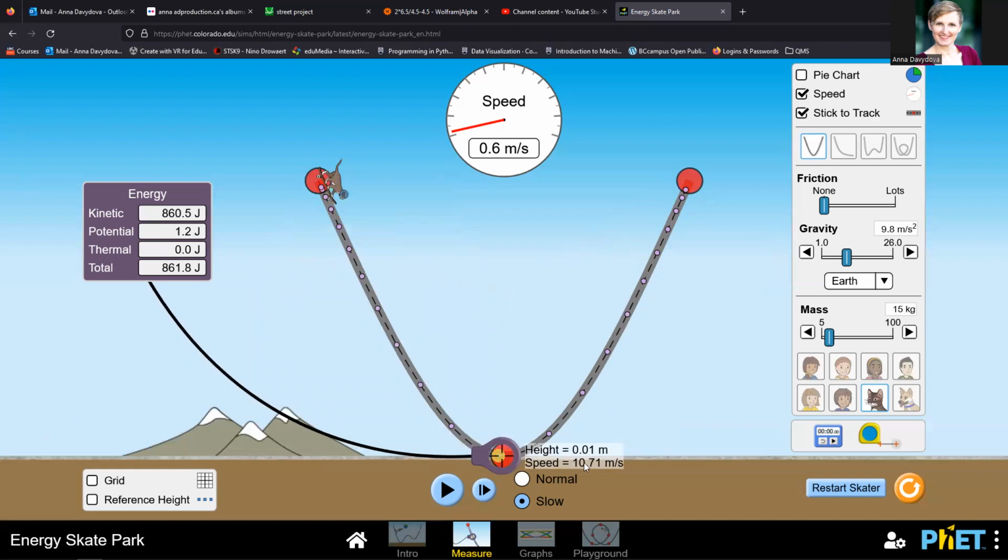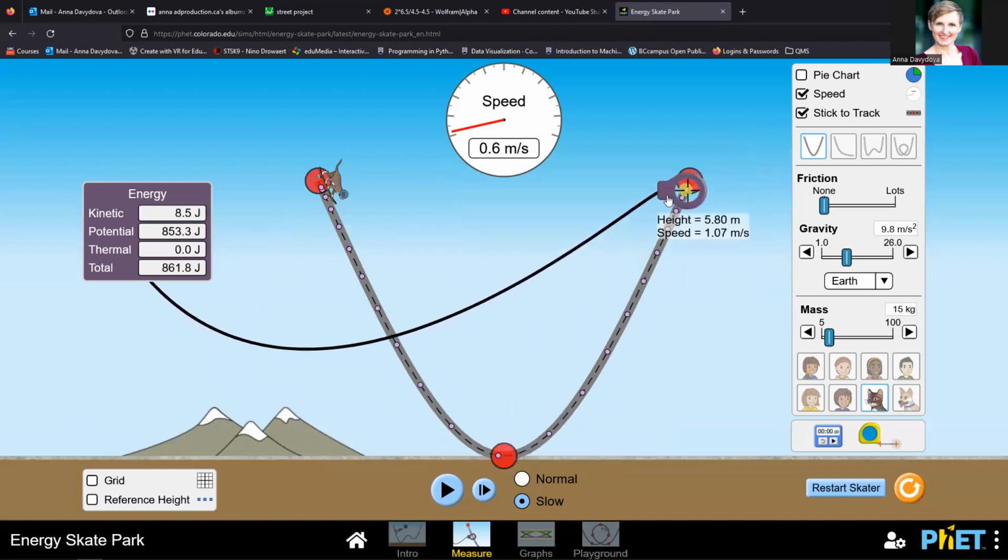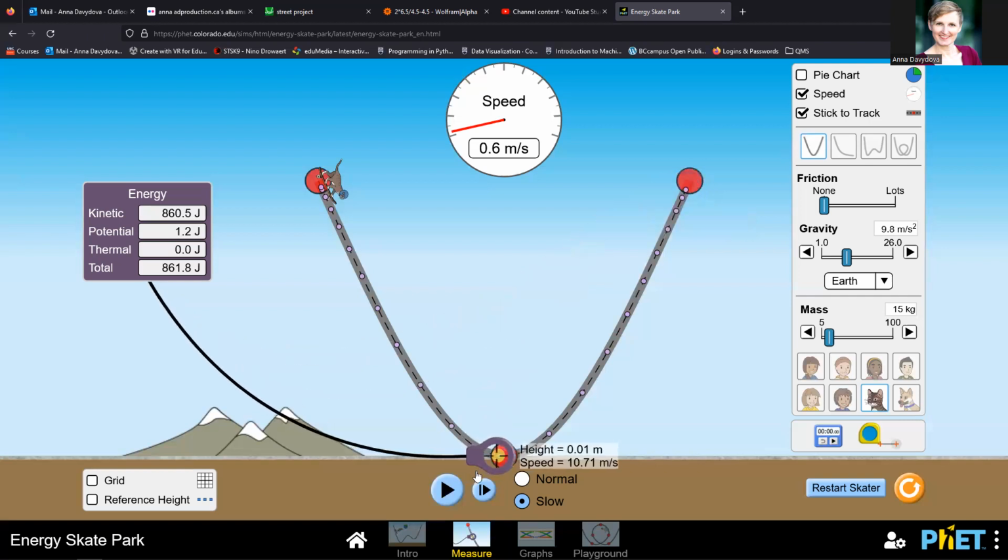The speed, however, is now increased. If in this case we had very small speed close to 0, this is the maximum speed, and that is because there's almost no potential energy, and the object has gained all kinetic energy and the maximum speed.